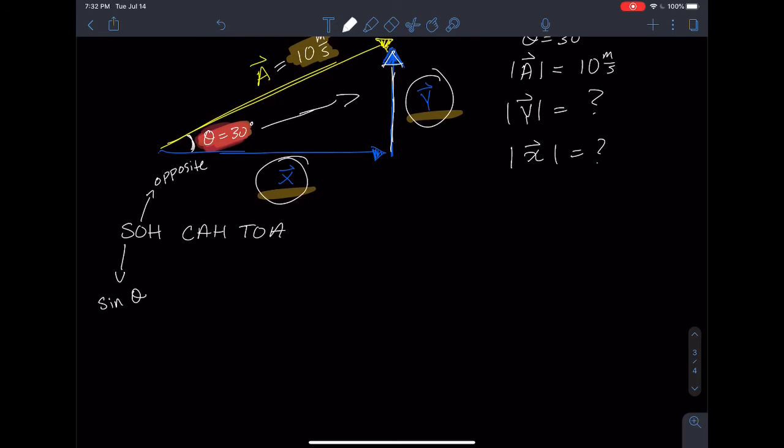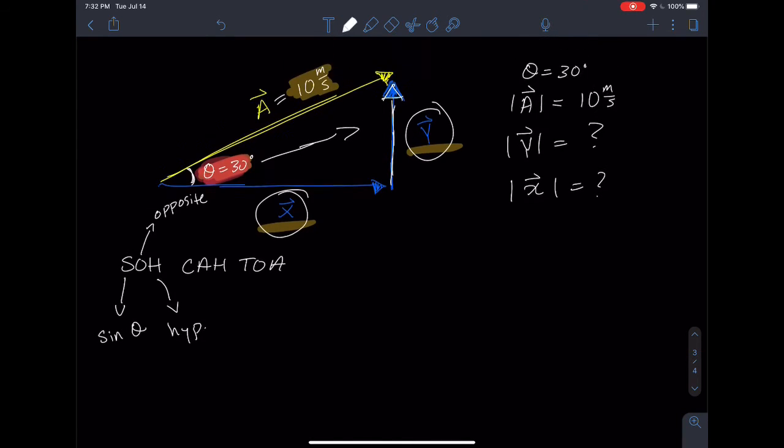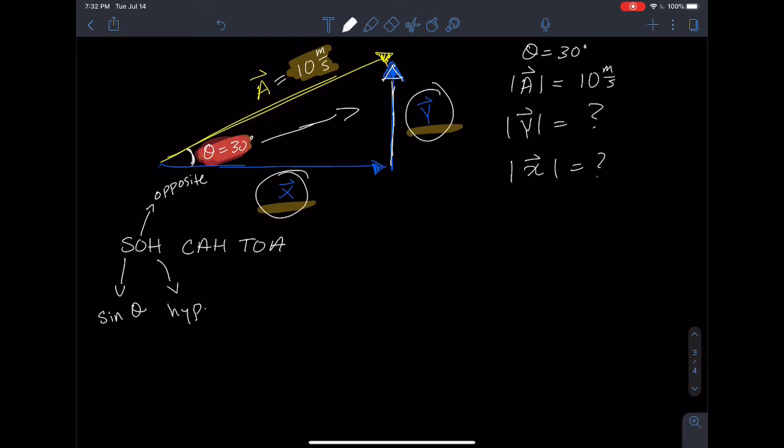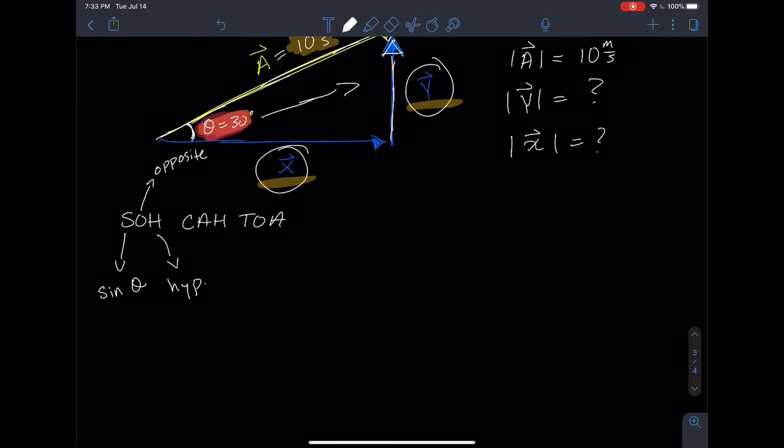This is our opposite. Now this h stands for the hypotenuse, and the hypotenuse is the longest side on a right angle triangle. It's going to be vector A, and I'm just highlighting it in white right there. That goes for all of these. So this h here means hypotenuse, and this o means opposite.